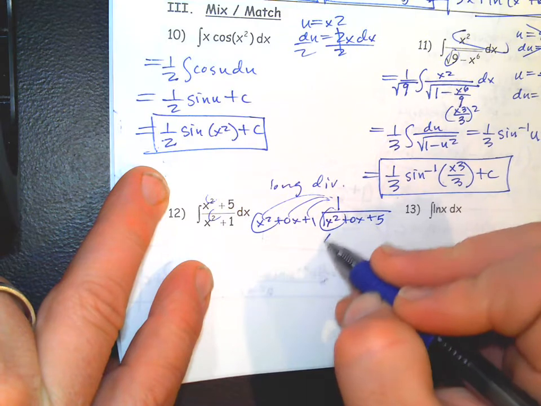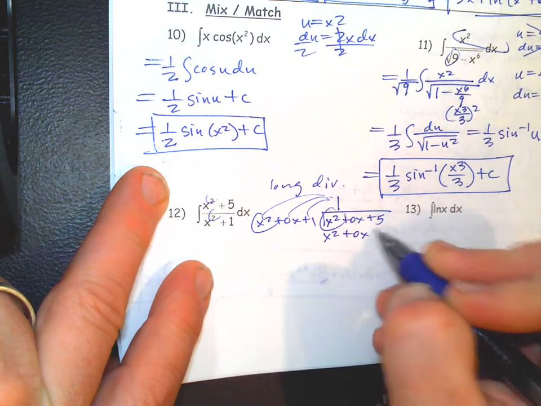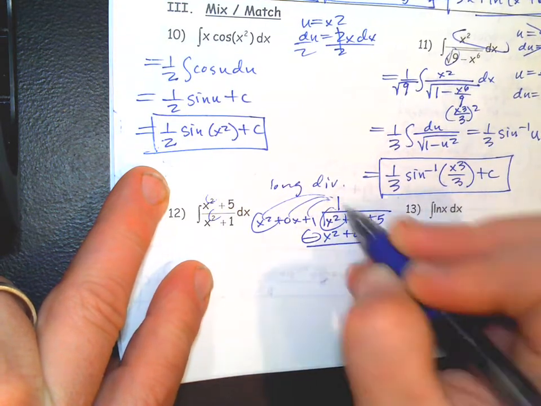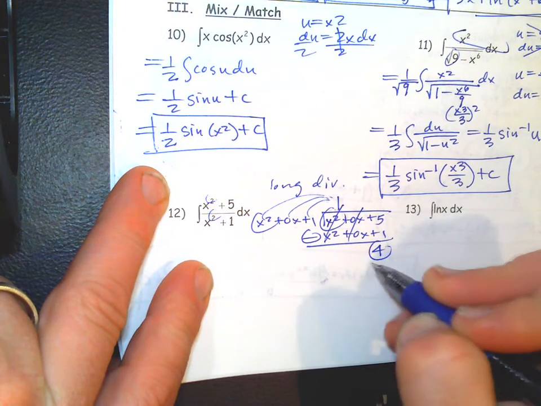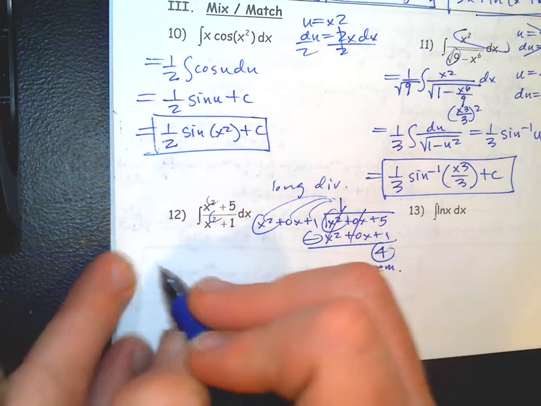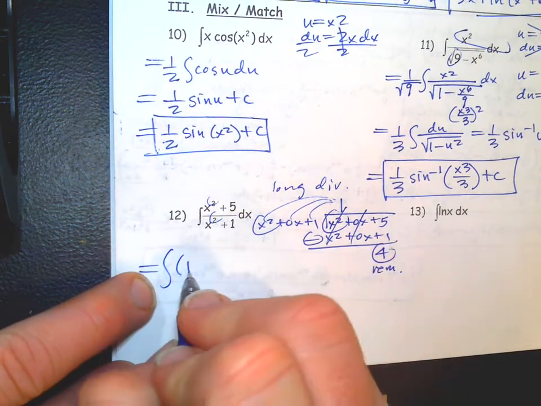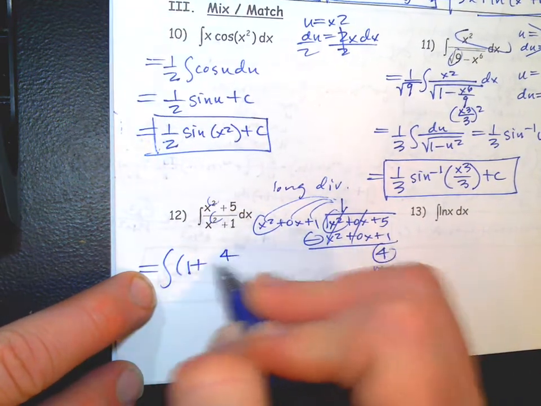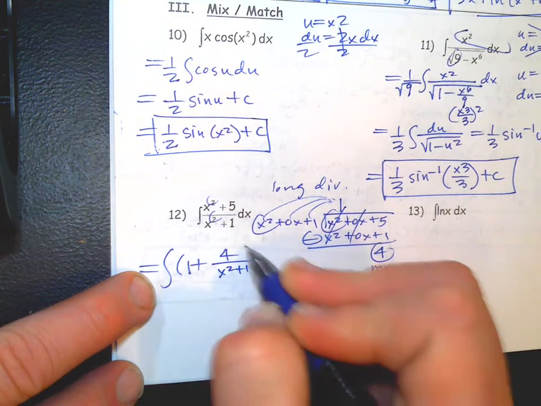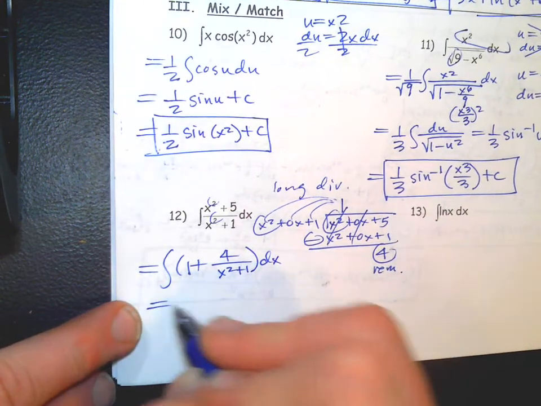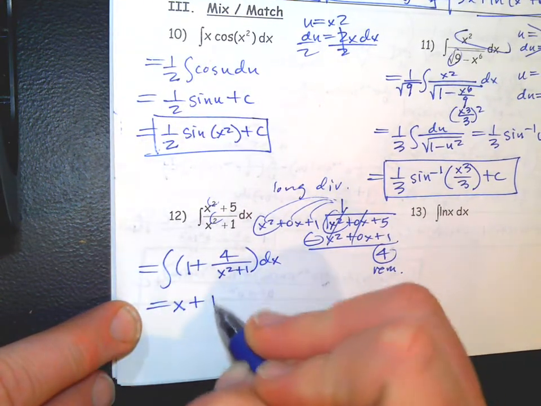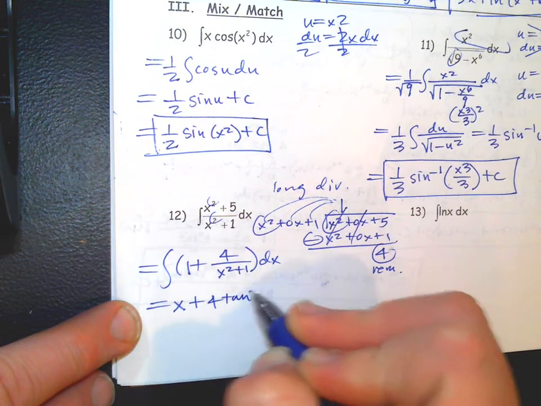Distribute x squared plus 0x plus 1. Subtract. And we get 4 for the remainder. So the answer is going to be the integral of 1 plus 4 over the remainder. So the answer is going to be x plus, this is going to be inverse tangent. You guys need to recognize it.